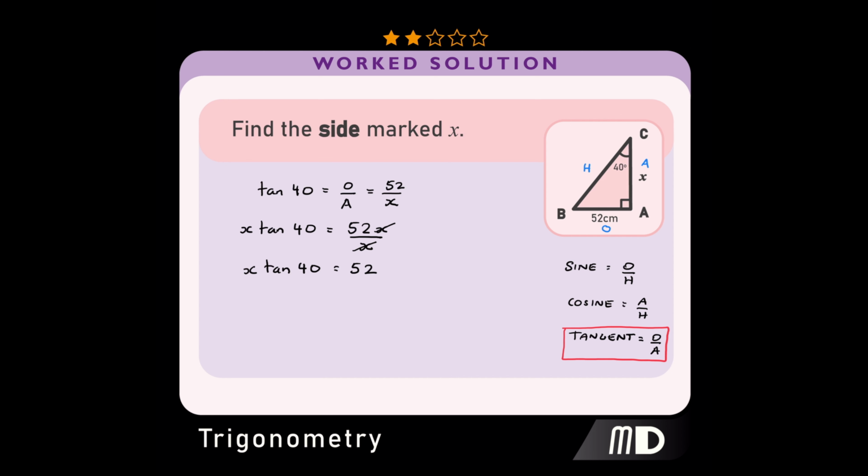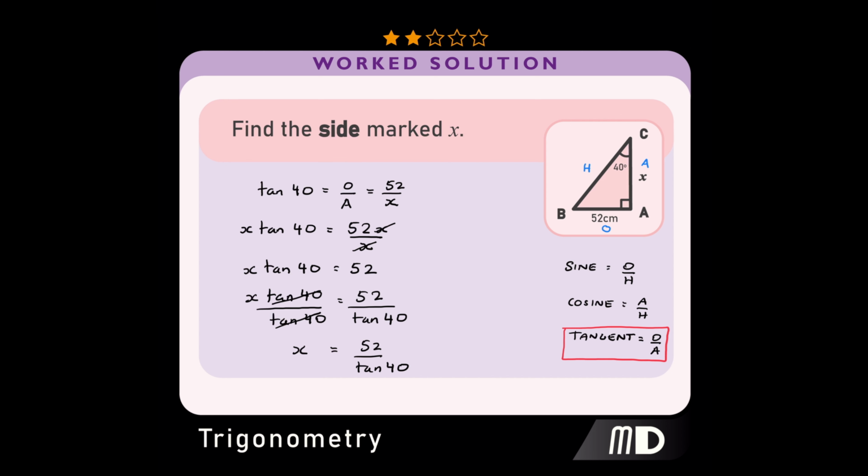Then we need to divide both sides by the tangent of 40. So x multiplied by the tangent of 40 divided by the tangent of 40 is equal to 52 divided by the tangent of 40, which simplifies to give us x equal to 52 divided by the tangent of 40.